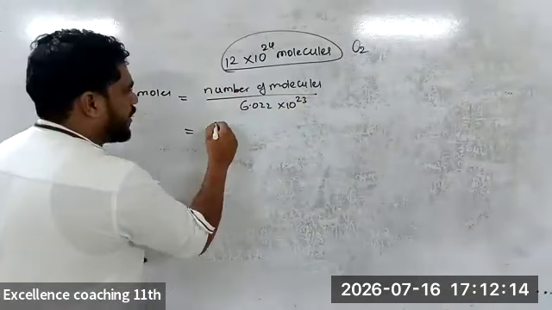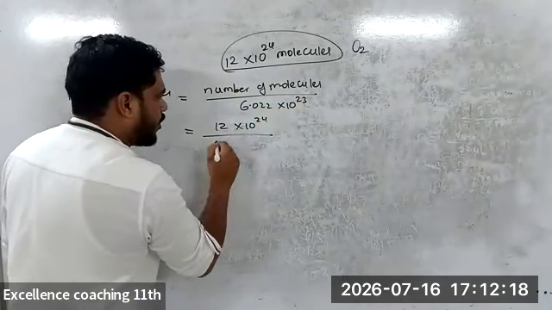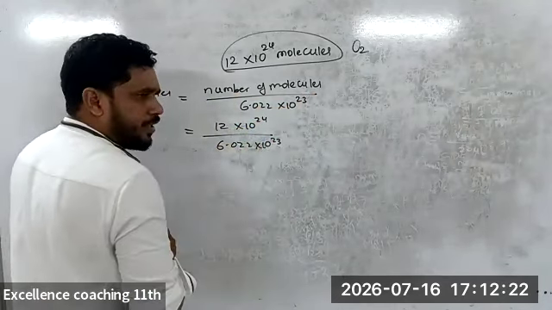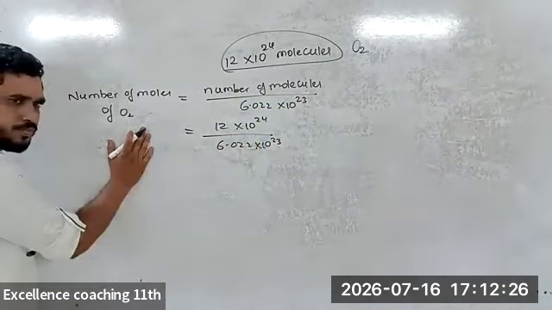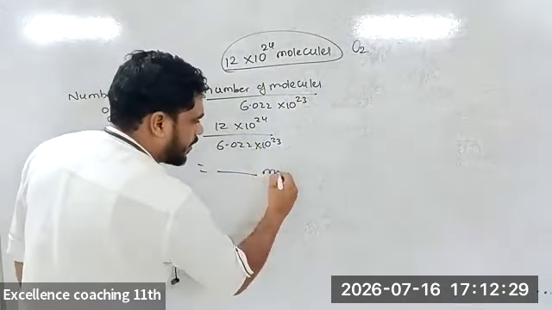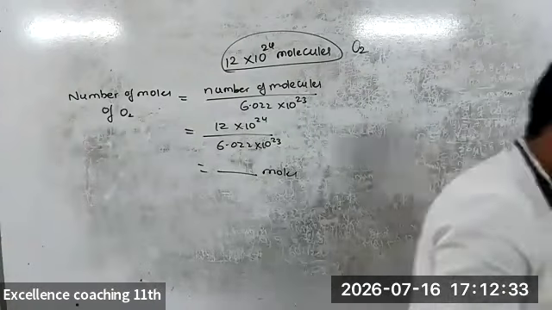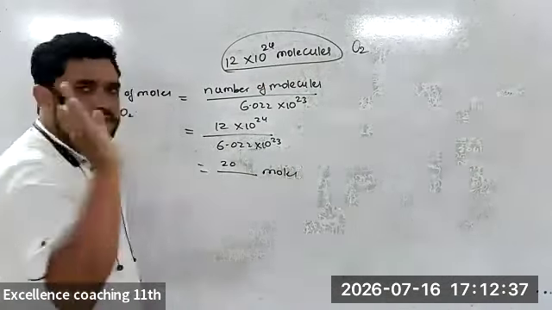It is 12 into 10 to the power 24 upon 6.022 into 10 to the power 23. Correct? So from this, I am getting number of moles. It is coming up to 20 moles.